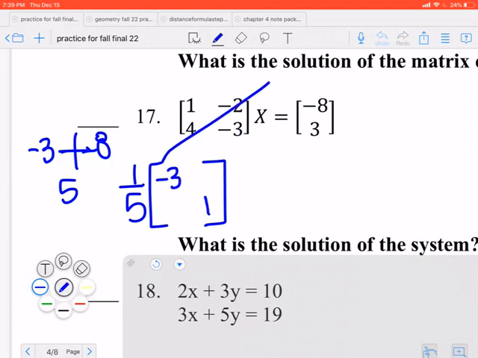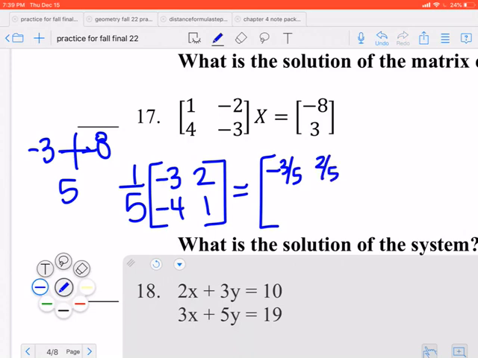Those guys go opposite sign. So positive 2 and a negative 4. Multiplying that through: negative 3/5, 2/5, negative 4/5, and 1/5.